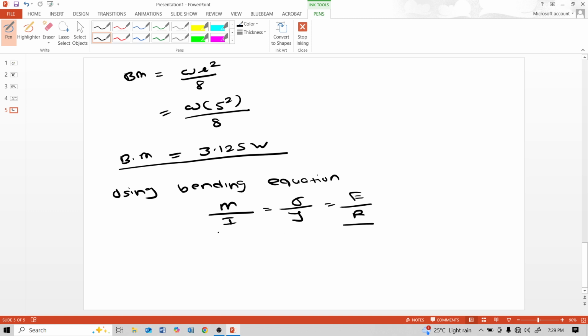So use only M by I is equal to sigma by Y. So M, moment of resistance, is equal to sigma by Y into I.